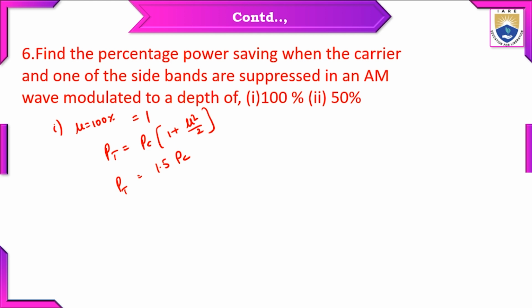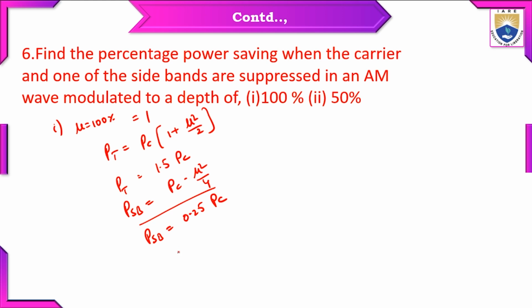And for one of the sidebands, PSB is equal to PC into mu square by 4, as used in the previous problem. Here mu is 1, so 1 square is 1, 1 by 4 is 0.25. So PSB is 0.25 PC. This is the sideband power.